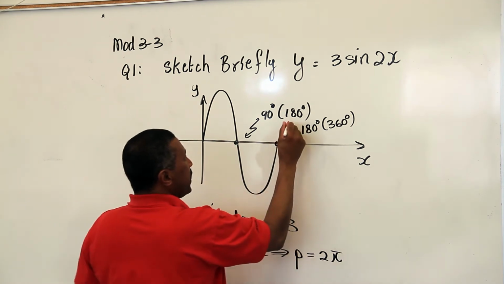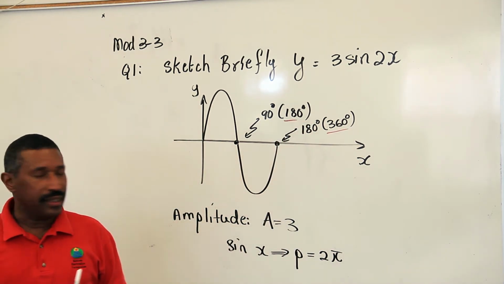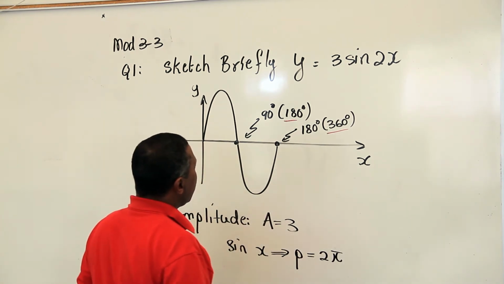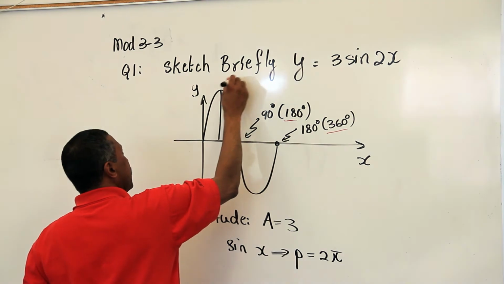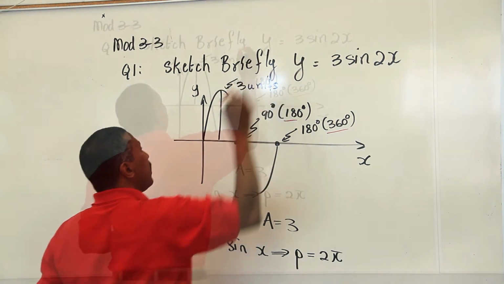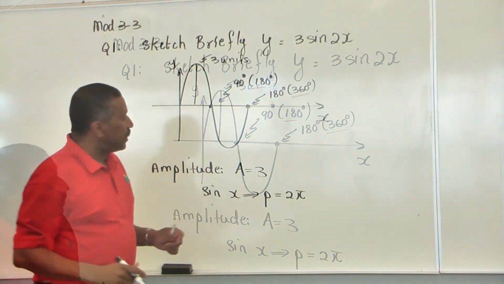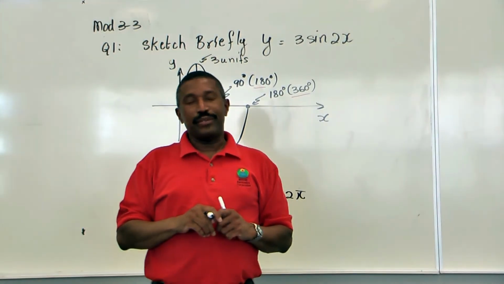So what you're noticing is that it turns at half the time. So by looking at this particular graph, you know also that this is 3 units high, and the turning rate is at half of a traditional sine function.